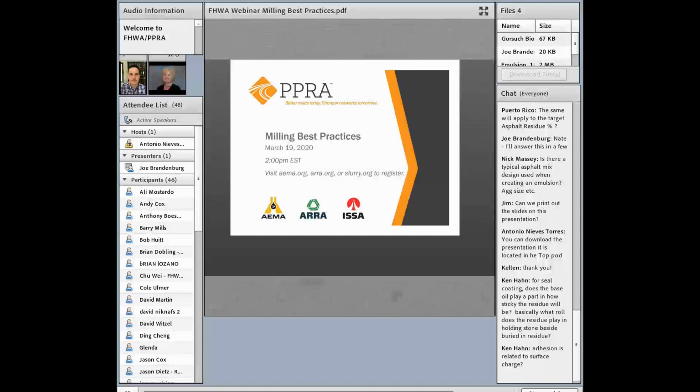Such as whether the aggregate is freshly crushed, because when it's freshly crushed, it tends to have more of that charge on it than as it ages in the stockpile. Fantastic.